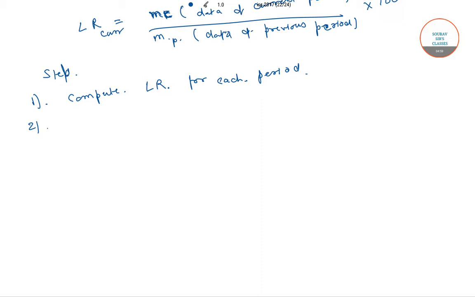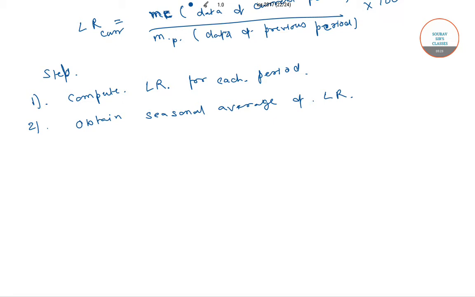The next step is to arrange these link relatives and obtain the seasonal average of link relatives.